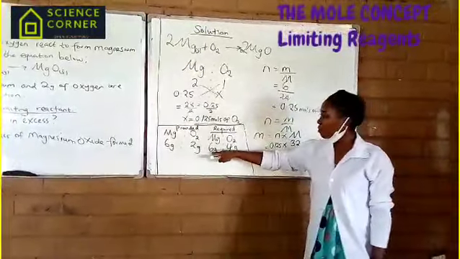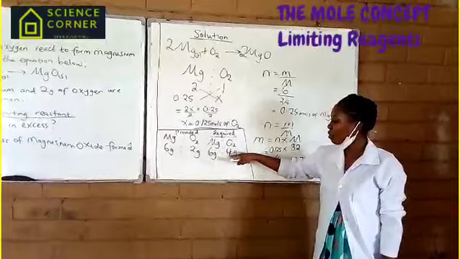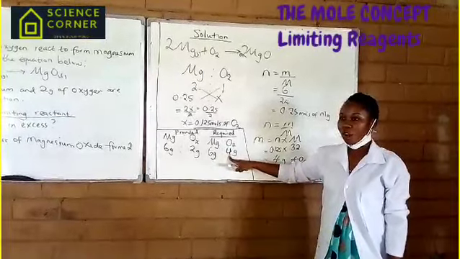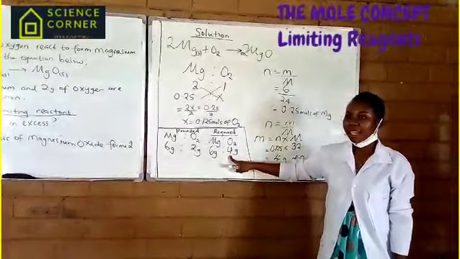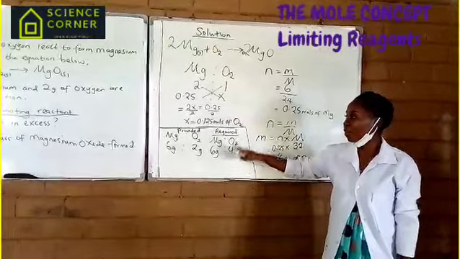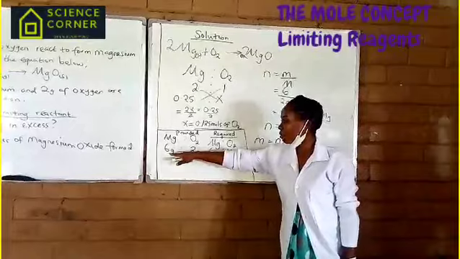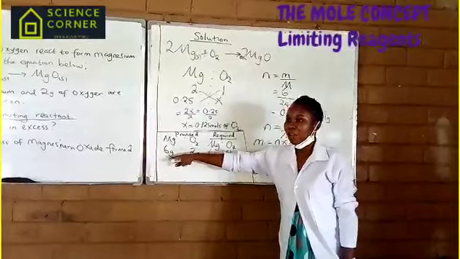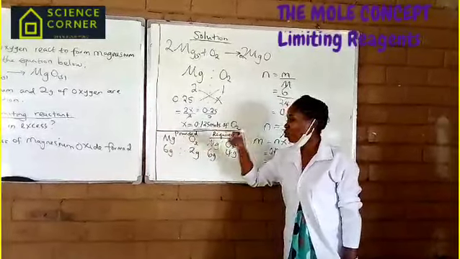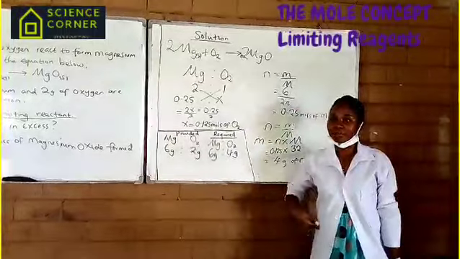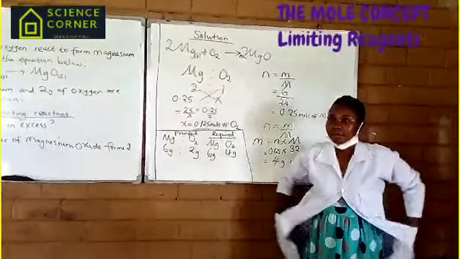So 6 grams of magnesium is supposed to react with 4 grams of oxygen. But what was given in our question is that 2 grams should react with 6 grams of magnesium. So between magnesium and oxygen, which one is the limiting reagent?